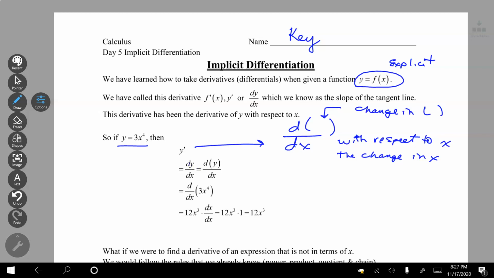So we've been taking a dy dx, or a derivative of whatever the y equation is with respect to x, and so the d dx of 3x to the fourth, we know it's 12x to the third, but there really was an extra dx over dx, and we usually do not write this.